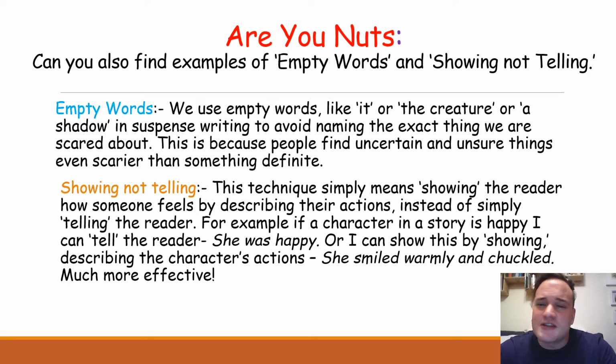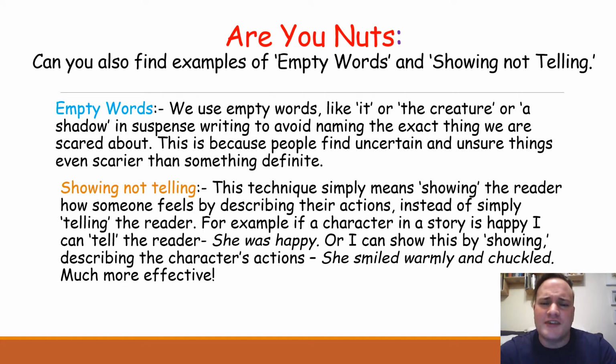Now, the 2 skills that I want you to look at if you want to attempt the Are You Nuts are 2 skills that we have already looked at. The skill of empty words. Have I used words like it, the shadow, a shape, a silhouette, a noise, a creature, a monster, a beast, rather than say exactly what the monster is?